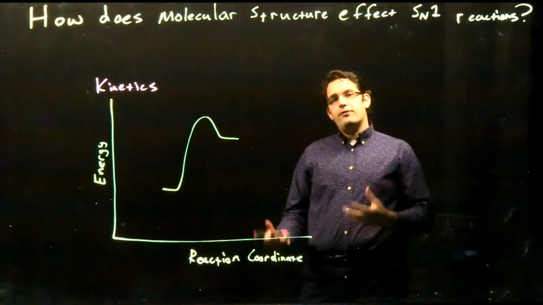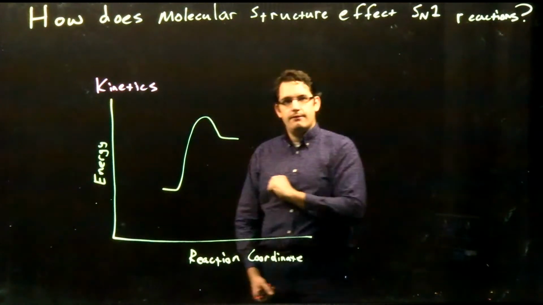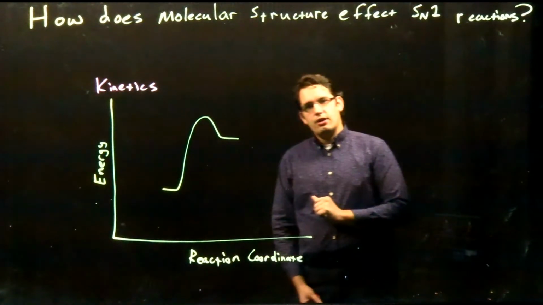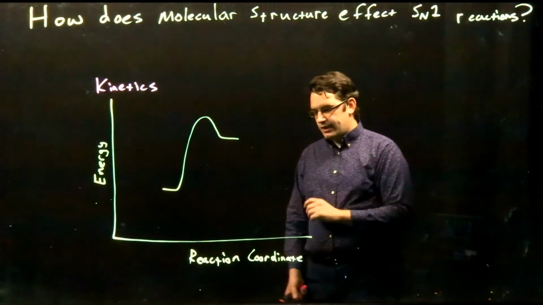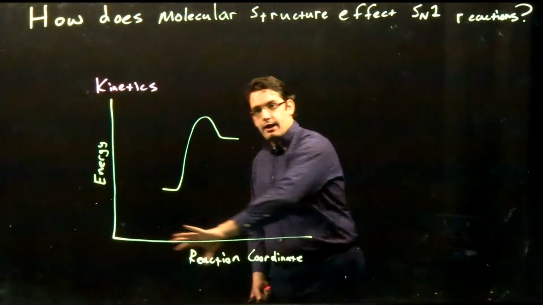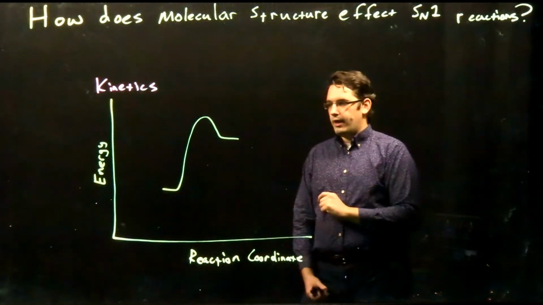Now, as you may recall from general chemistry, the study of reaction rates is called kinetics. And when we're looking at kinetics, we often use these reaction coordinate diagrams where we look at the energy of our molecules over time. Our reaction coordinate is shown on the x-axis. Our energy is here on the y-axis.